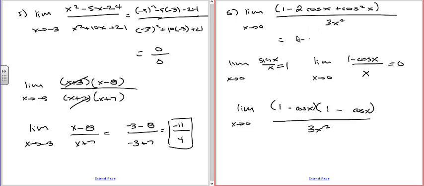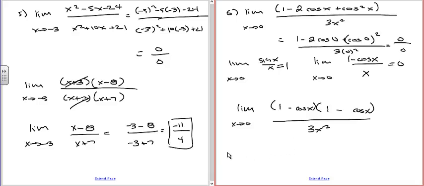So you get 1 minus 2 times the cosine of 0 plus cosine of 0 quantity squared, all over 3 times 0 squared. Cosine of 0 is 1, so you get 1 plus 1 minus 2, which is 0, and you get 0 in the denominator. So it does work out as being indeterminate. In any case, it doesn't matter whether it's polynomials, rationals, or trig functions: first, confirm that it's indeterminate.